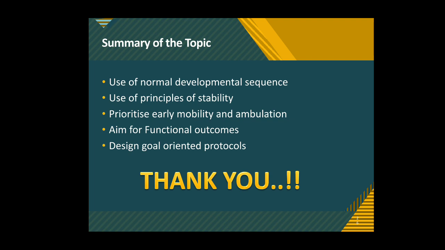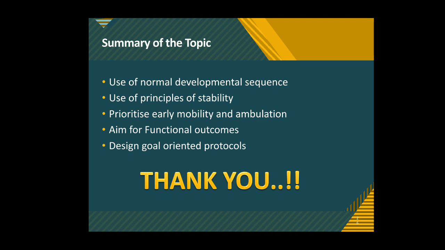Now, during this whole topic of functional re-education, as we know, we have focused on the functional activities to make the patient independent out of the bed and functional as soon as possible. Summary of this functional re-education can be given in 5 clinical learning points of view.